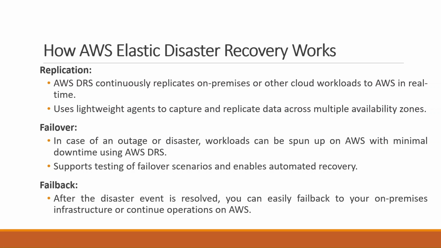This procedure is called failover. When outages happen, you can automatically spin up your application on AWS, minimizing the downtime and keeping your business running smoothly. You can also test failover scenarios to ensure everything works properly when needed, without affecting your actual production environment.